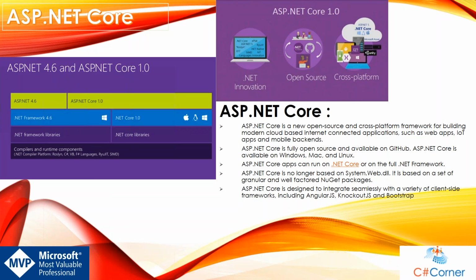In previous versions like ASP.NET Web Forms or MVC, this was not possible, so we could only use Windows to develop our web applications. But using ASP.NET Core, we can also develop on Mac and Linux. This is the main advantage of using ASP.NET Core.